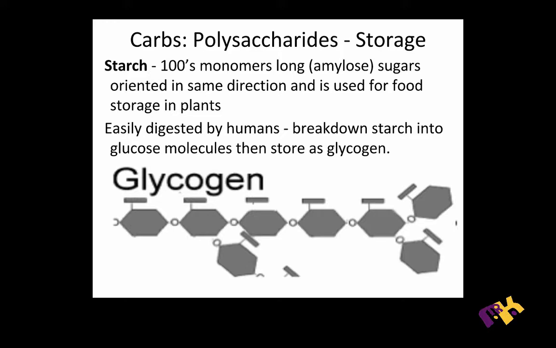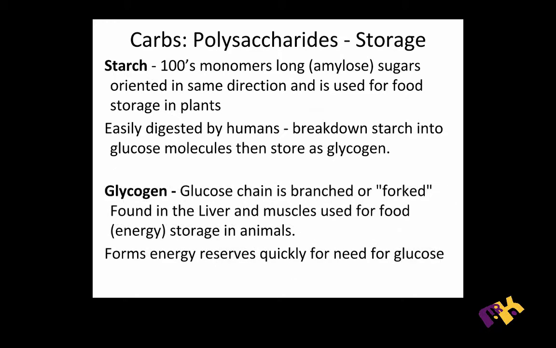And if we have too much to use at one time, we'll short-term store it into glycogen. And so glycogen is that branched chain, or forked chains, I suppose, of glucose or simple sugar molecules. And again, it's used for short-term storage, and it's usually for quick energy reserves.